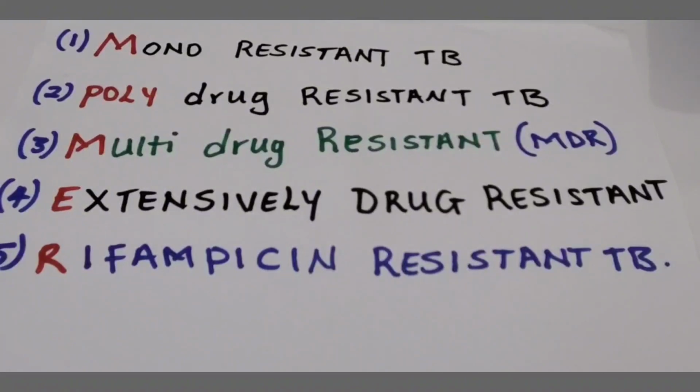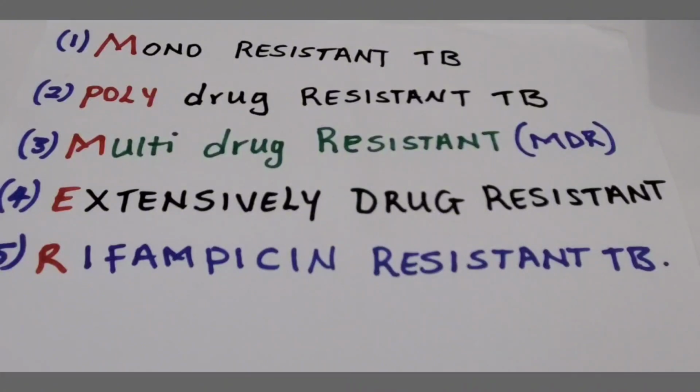So these are the 5 groups of drug-resistant TB. Of course, we derive them from the spelling of monomer and polymer. And so we have monoresistant TB, polydrug-resistant TB, multi-drug-resistant TB, extensively drug-resistant TB, and rifampicin-resistant TB.